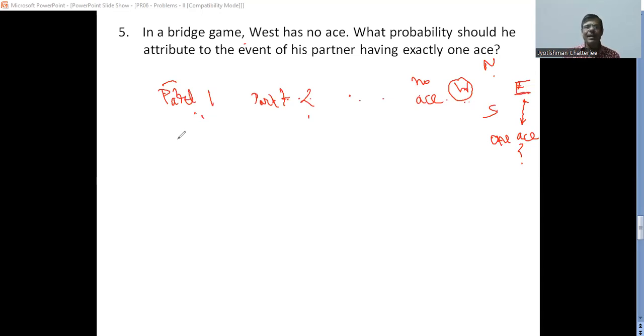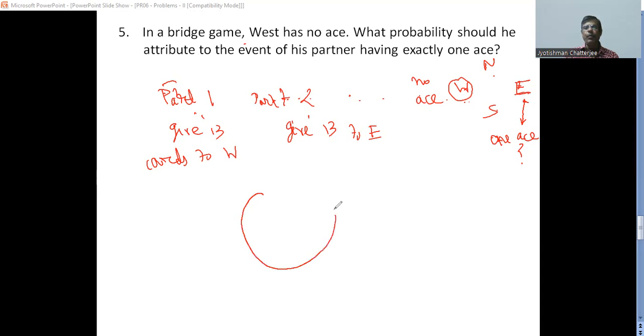So part 1 is give 13 cards to West. That's part 1. And part 2, then give 13 to East. These are the 2 parts. Now, for part 2, we are interested in knowing what is the probability of this thing after part 2 is performed.